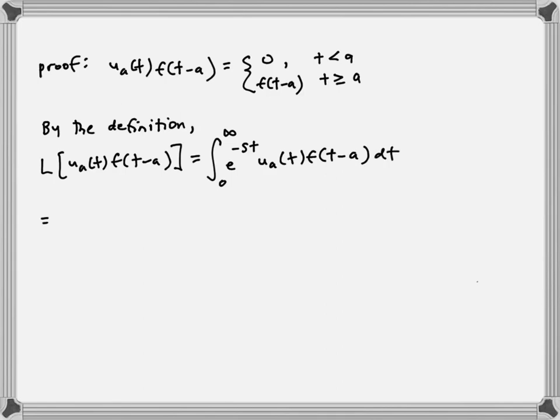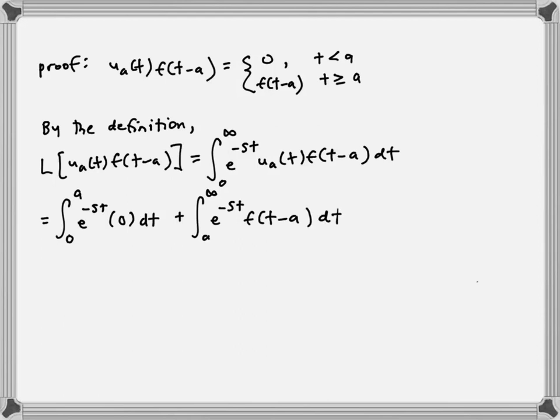So what is this equal to? Well, I'm going to break this up into two integrals, okay? Because from 0 to a, we're going to use the integral up there, so it's going to be e to the negative st times 0 dt plus, and then we're going to integrate from a to infinity of e to the negative st f of t minus a dt.